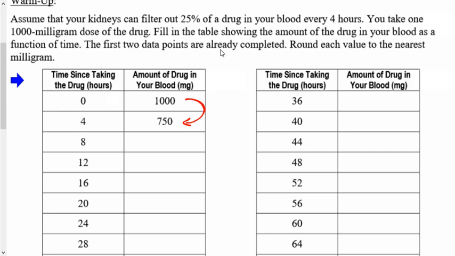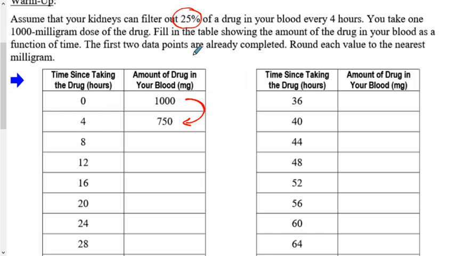I don't know if I rounded to the nearest milligram or not, but you can as you're filling in the table. You'll notice that we started with 1,000, and after 4 hours, there's only 750 milligrams left. Where is that coming from? Up here, we said that 25% of the drug can be filtered out in 4 hours.